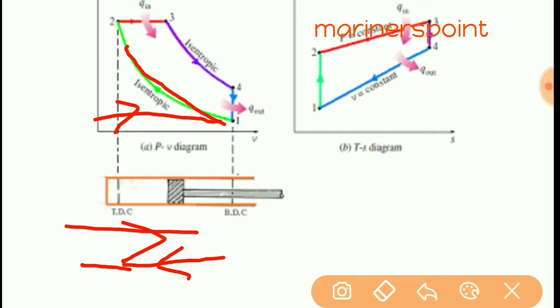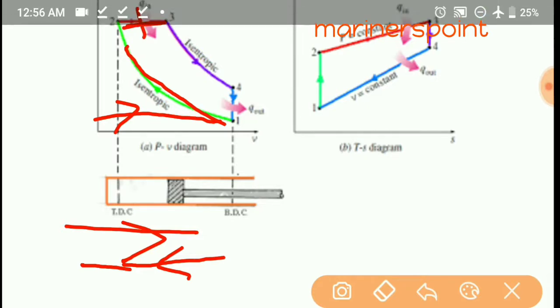Here the adiabatic process takes place, adiabatic and isentropic. Then pressure will increase, and at this point fuel is injected.